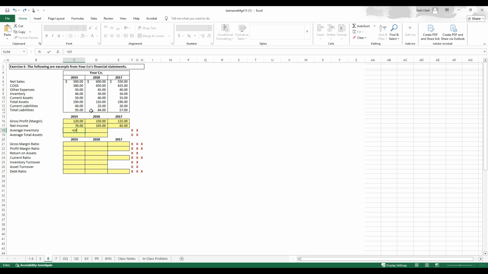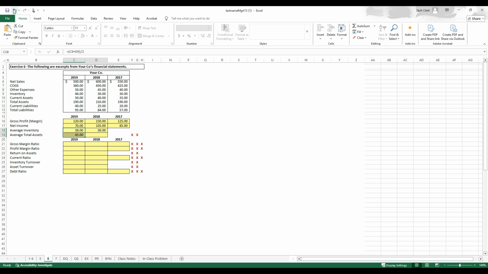So here we'd want to say C9 plus D9, so we're taking current year inventory plus prior year, and then divide by 2, real simple average, there's 2 things, divide by 2, and again, then you could drag back. And very similarly, okay, and here we can even just drag down now because total assets is just one cell below, and so we can do that same formula to get that to work.